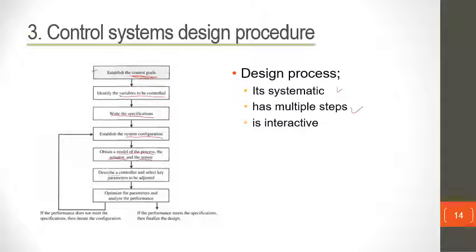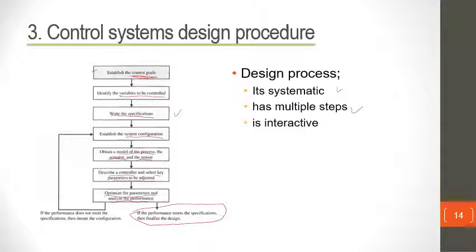From there, they need to describe the controller and select key parameters to be adjusted in the controller. So you design the controller, and then the parameters of the controller need to be optimized and analyzed. The performance has to be analyzed, and if the performance meets specifications, then the design is considered complete, because now we know what the specifications are.